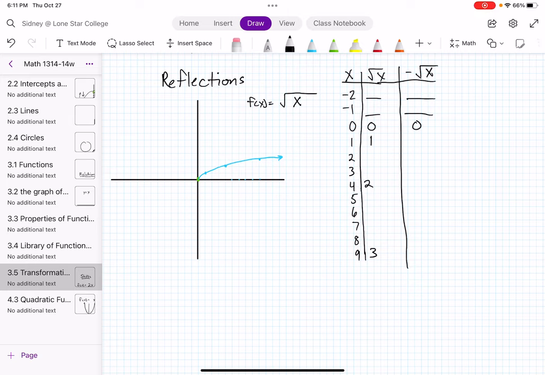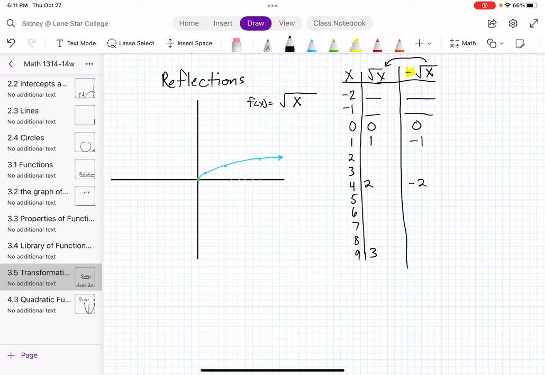But when we look at this, we have the square root of x right here. We're simply going to apply that negative sign to the square root of x. So the square root of x when x is 1 is 1, but we're going to put a negative sign on it. Similarly, the square root of 4 is 2, so negative square root of x would be -2.